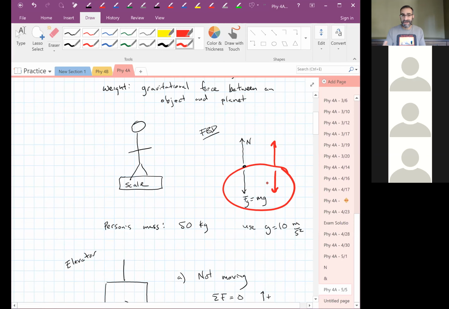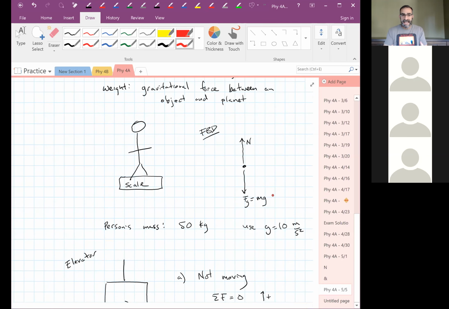No, that's pretty much fixed. So what has to happen? The normal force has to get bigger if you're going to accelerate upward. The elevator starts to move upward, your body resists that motion because it has inertia, and you get pressed into the floor of the elevator a little bit, and the normal force increases until it's big enough to make you accelerate with the elevator.